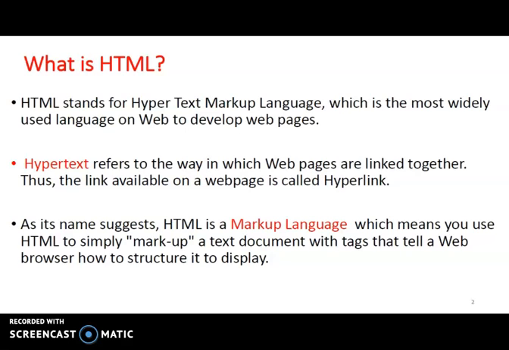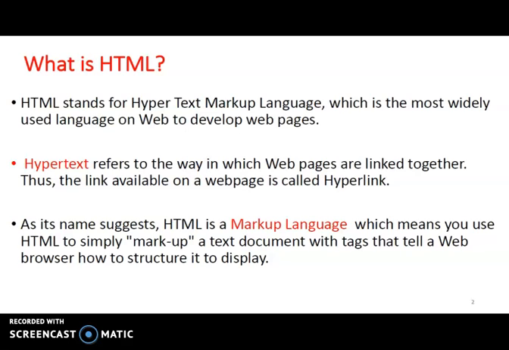Okay. Now the next term is markup. What is the meaning of markup? HTML is also called a markup language. Means what? A markup language is represented by any tag based language. In C or C++, we use #include stdio.h or conio.h, that is the header files.